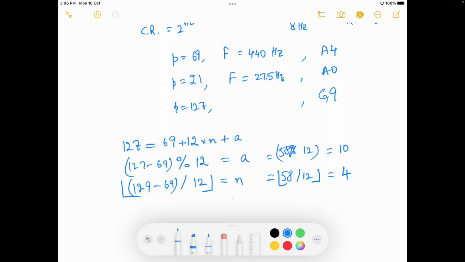Octave is defined from C. Yes, it starts from C, that's a good point. The octave changes at C. That's why it's G9.